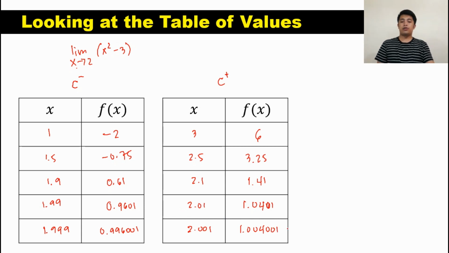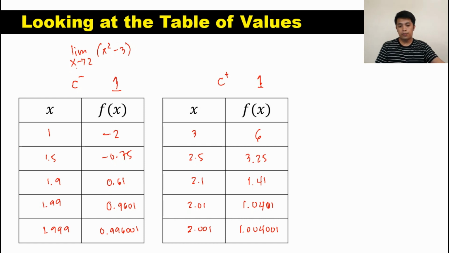Now, try to observe ang values sa f of x. Our f of x is approaching what value? We are approaching, asa man? We are approaching negative 1. Diri sa positive side, we are also approaching 1. Okay, unsa nga value atong giduulan? That's our limit.